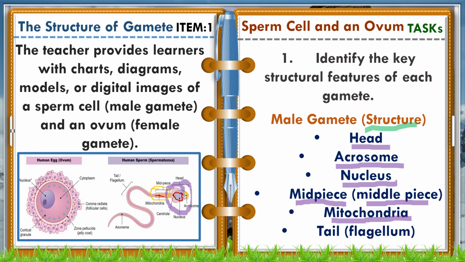They are small tubes inside the middle piece. And then it also has a tail, or what we call the flagellum. The flagellum, or our tail, is this coiled part here. All that one is what we call the tail. That is the male gamete structure.